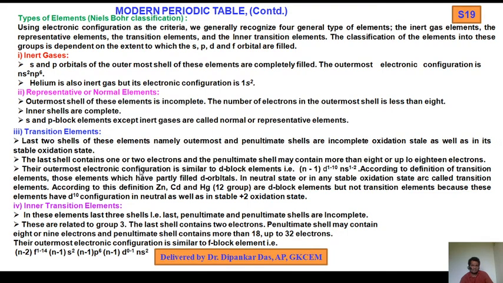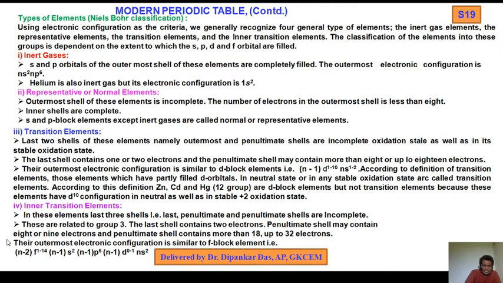The last shell contains 1 or 2 electrons, and the penultimate shell may contain more than 8 or up to 18 electrons. So their outermost electronic configuration is similar to d block elements, (n-1)d1 to 10 ns1 to 2.